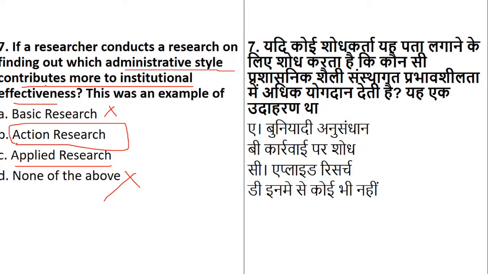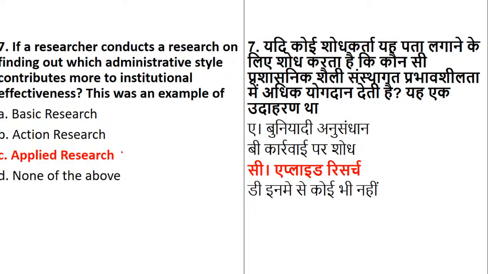The answer is applied research. Where is the action noted here? You know the meaning of action: prompt, immediate things taken into consideration, that calls for action research. But here there is no action. It is an applied rule, that this particular administrative style, when applied, will contribute to effectiveness.